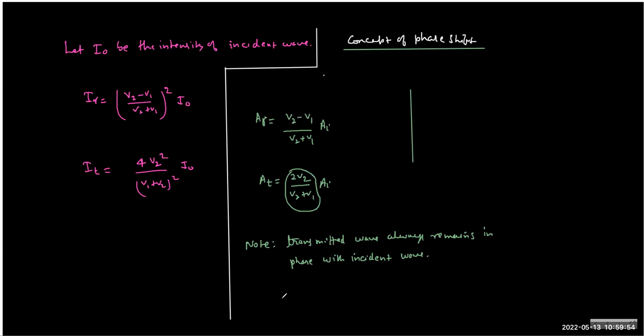Now the reflected wave has V2 minus V1. So V2 may be less than V1, V2 may be more than V1. So when V2 will be less than V1, the medium on the second side is denser.